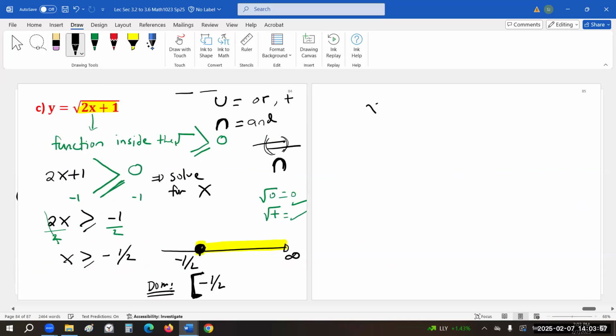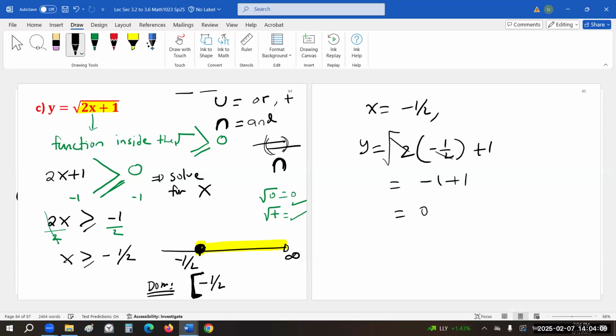Let me show you again. When x is -1/2, our y is 2 times -1/2 plus 1. 2 cancels out, giving -1 plus 1, which is 0. And everything is under square root. Do you know what is square root of 0? 0. So see, we can plug in x with -1/2.